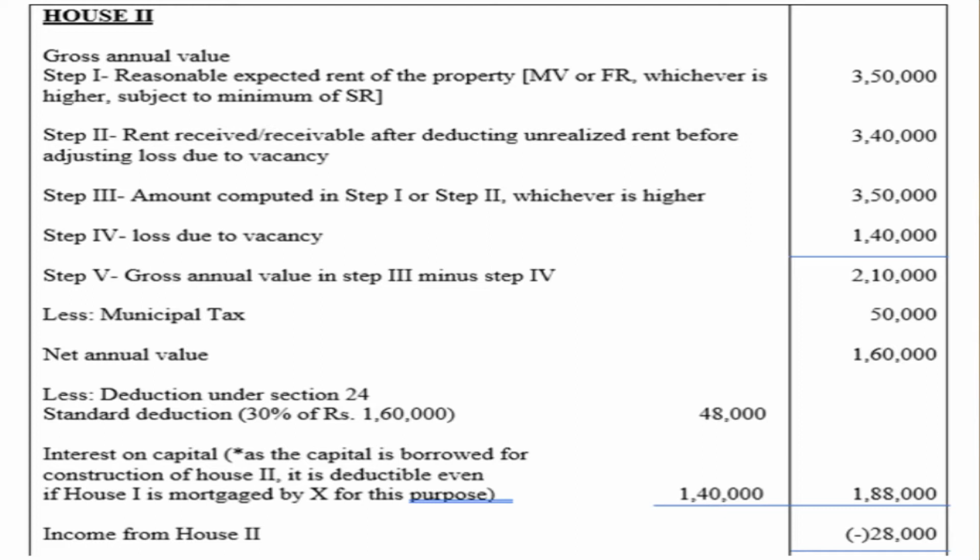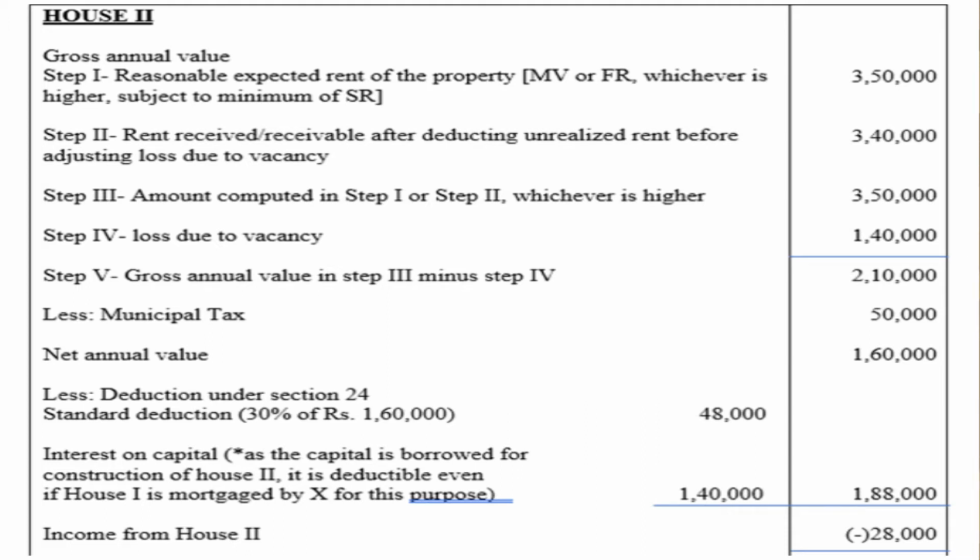Step 2, we have to see the rent received or receivable after deducting unrealized rent, but before adjusting loss due to vacancy. So here we have seen that rent received in case of house 2 is 4,20,000, and unrealized rent for the previous year is deductible, which is 80,000. So 4,20,000 minus 80,000, we get 3,40,000.